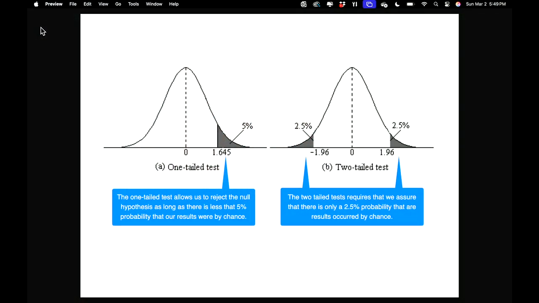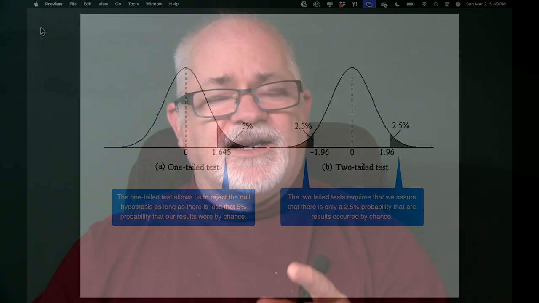If I'm going to count both positive and potential iatrogenic effects of my treatment, I'm going to go to a two-tailed test. And that would entail a different hypothesis.